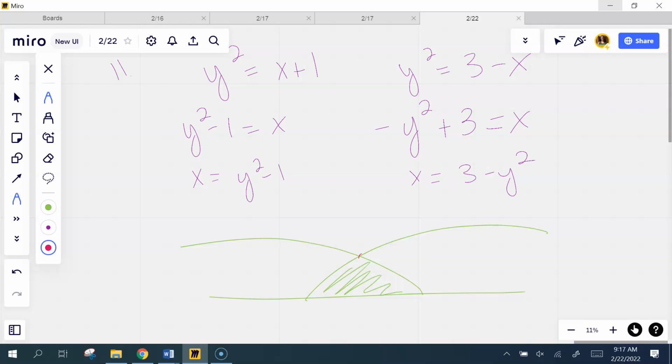Because the intersection point is here. So I need to know the curve on top minus the curve on bottom, right?